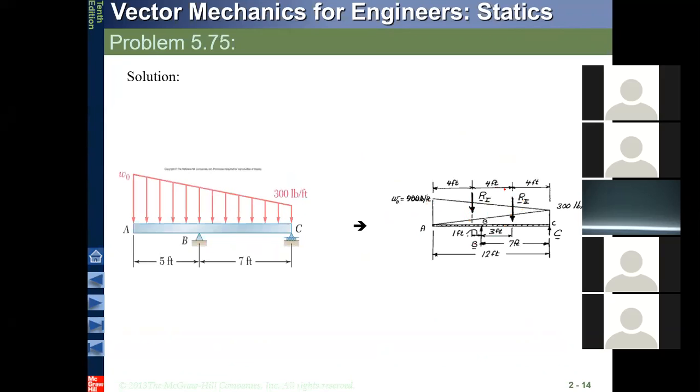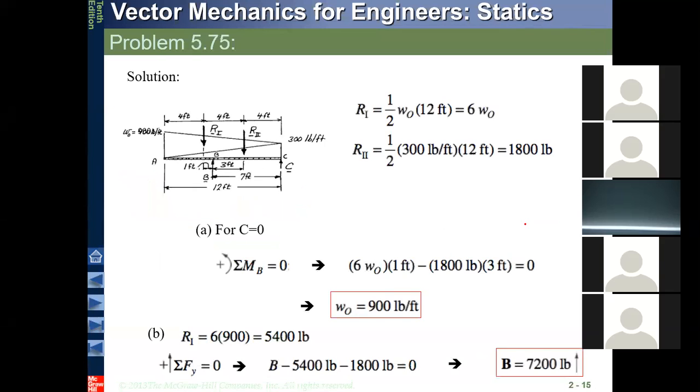So we have two triangles, and the sum would be actually the same as the initial load. So you have two triangles, and let's calculate the resultant of these distributed forces.